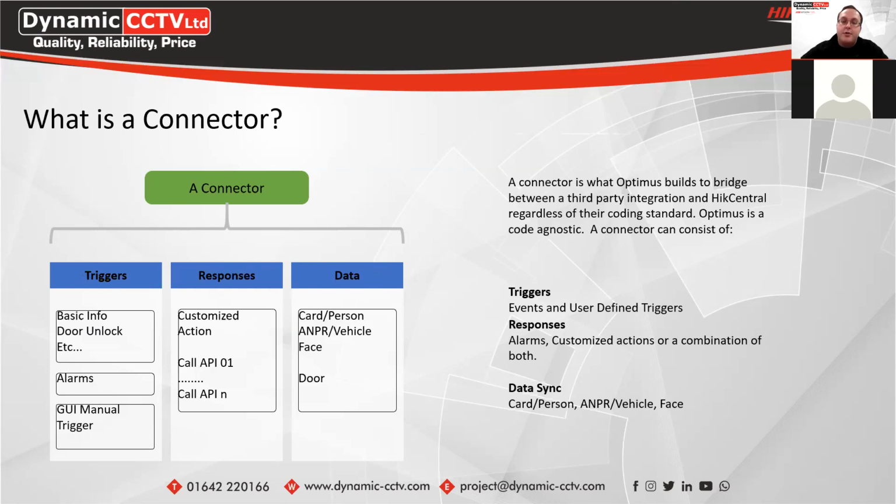So if you clicked a button in the software, that would be a trigger that the connector is looking for. It then needs to know what response to give when that trigger's been triggered, so it could be calling an API into the system. And then there's the data that's held, so this could be card information, person information, door information, anything like that would be stored within that as well.